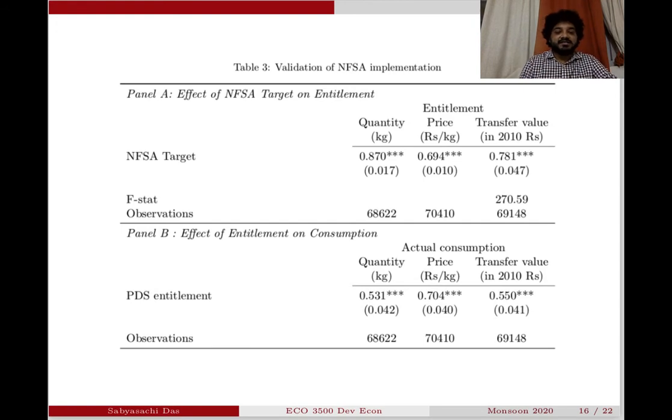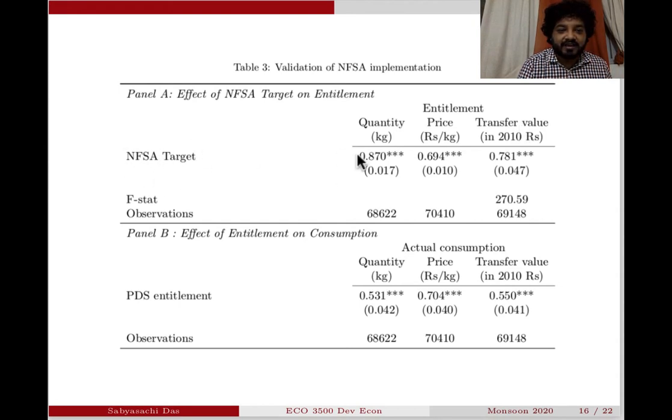So this is the sort of chain of events. The target NFSA, so this is the T NFSA, is that simulated value of transfer. So NFSA target transfer or entitlement does this for quantity, price, and actual calculated transfer separately.